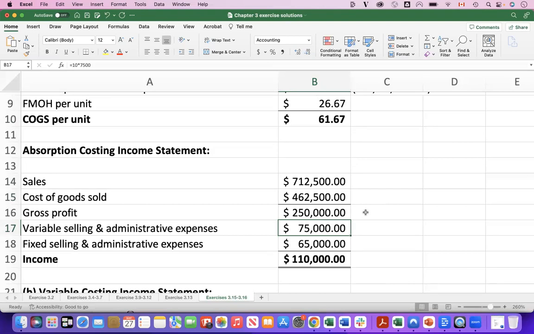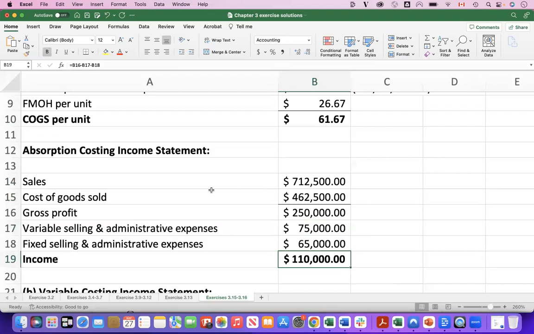Then we subtract out the remaining operating expenses. In this case, the only expenses we have left are the variable selling and admin, which is $10 for every unit sold of 7,500. So we get $75,000 in variable selling and admin. And we have our fixed selling and admin, which was a flat $65,000 for the year. Our income under absorption costing is $110,000.